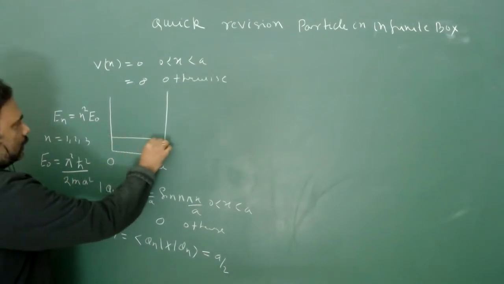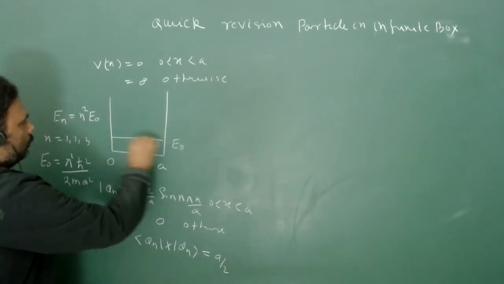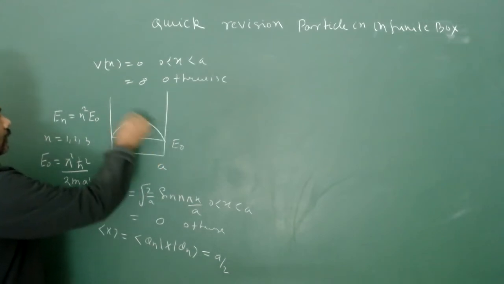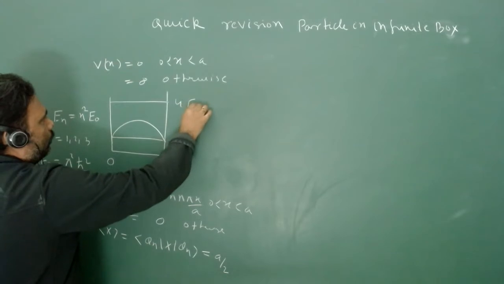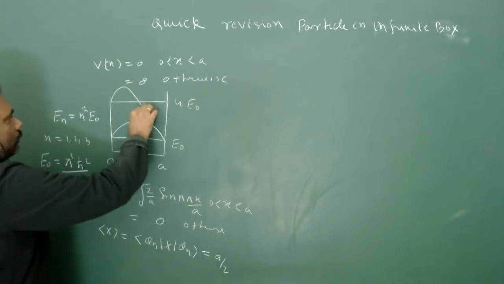The ground state energy is E naught, and you have this as your wave function. The first excited energy is 4 E naught, and you have this as your wave function.